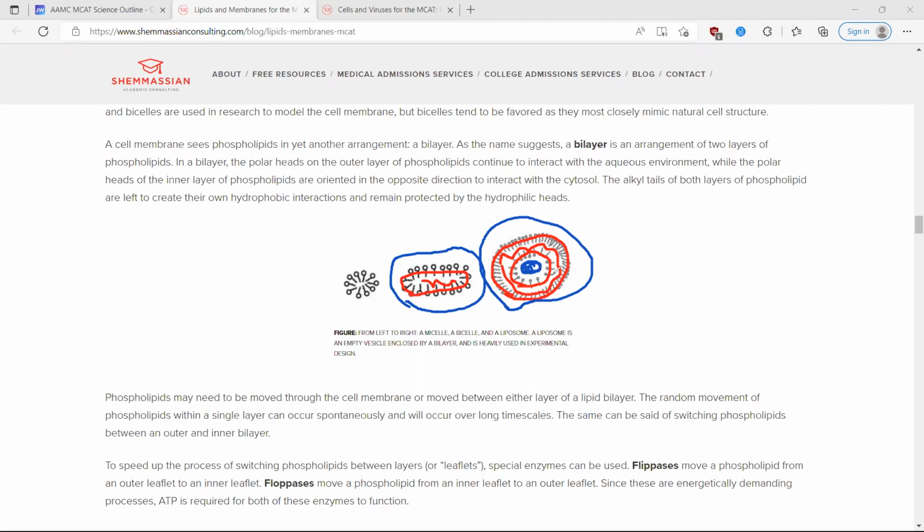And guess what? This is what a cell is like, because inside of the cell is an aqueous environment. On the outside of the cell is an aqueous environment. That's why we have bilayer plasma membranes, because it's the most efficient way in terms of the free energy for the phospholipids to arrange themselves.